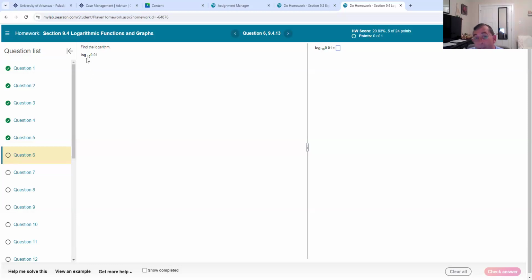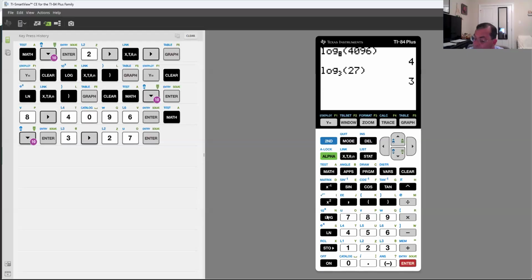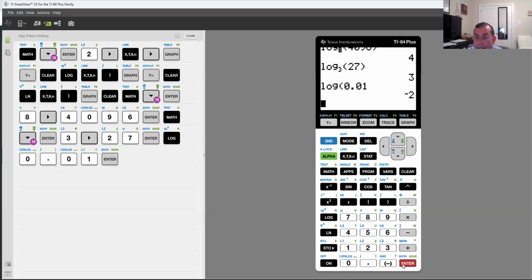All right, so this one is a log base 10 of 0.01. Let me show you, there are 2 ways you can do that one. Remember, this log on the front is a log base 10. So if you use that log, all you have to do is put in the 0.01 and enter.